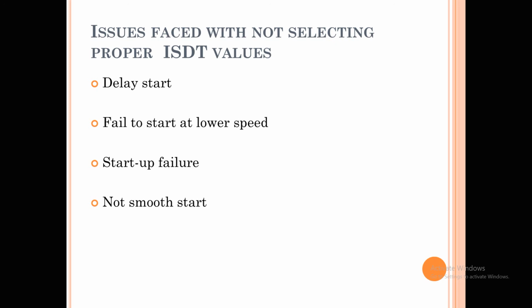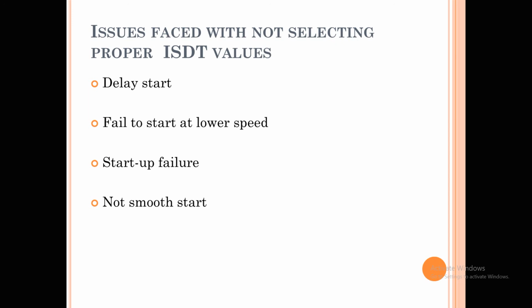The other point is failure to start at a lower RPM. This is the initial condition when the motor is in a stationary condition. First it goes for the ISD setting, so it will have some delay, then it goes for the PSD setting, then it goes for the startup setting.